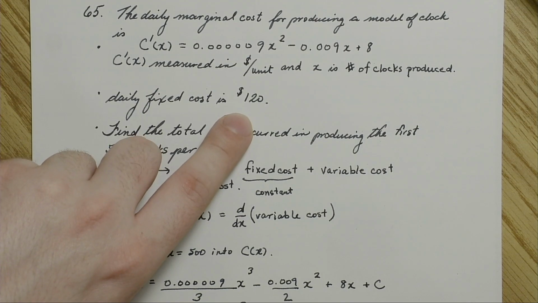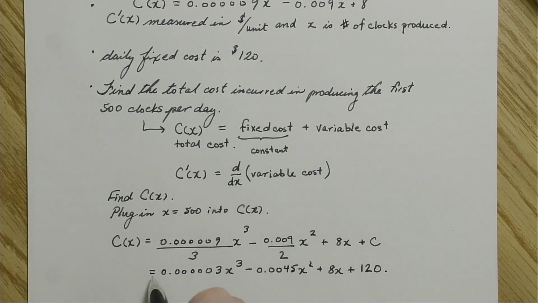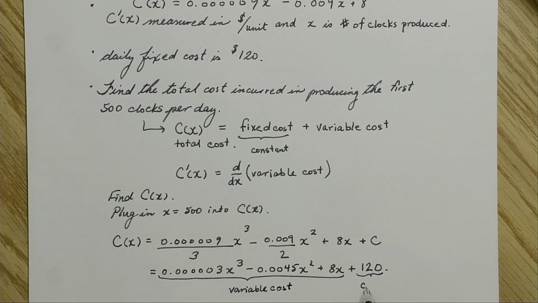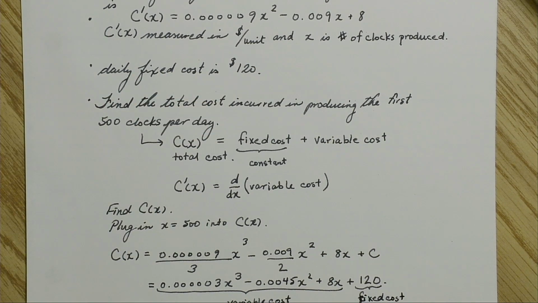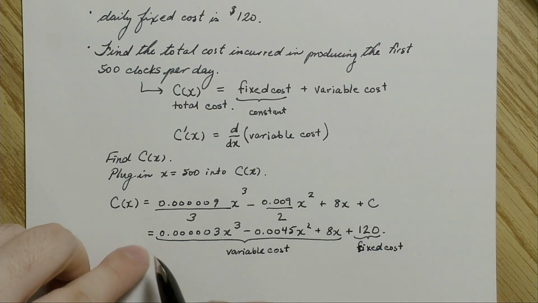So that is our c. That's the 120. So again, here is the variable cost, and there is our fixed cost. And we're told that. Okay, there's our function, C of x is equal to this terrible polynomial.